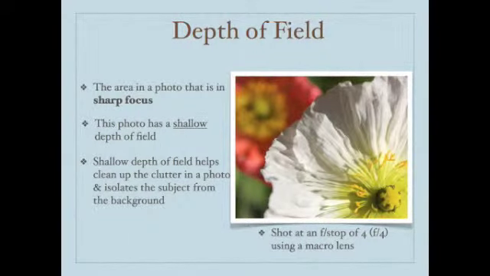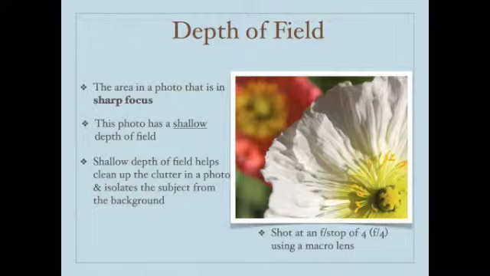So let's talk about depth of field. Now this is a photo I took of some Icelandic poppies, and this photo has a shallow depth of field. If you'll notice, the area in front is in sharp focus, and as you look back into the photo, it gets blurrier. You can get a shallow depth of field in a photograph by shooting at a fairly low f-stop.